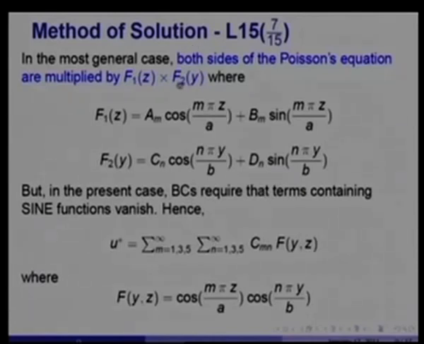In the most general case, both sides of the Poisson equation are multiplied by f1 into f2, where f1 is a function of z only and f2 is a function of y, and they are taken as Fourier series: a m cos m pi z by a plus b m sin m pi z by a. So, this is a function of z, and likewise this is a function of y, again a Fourier series.